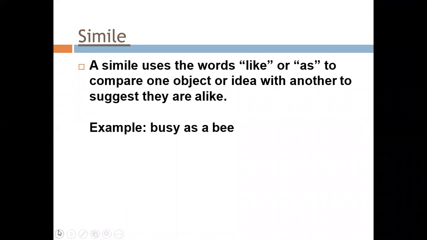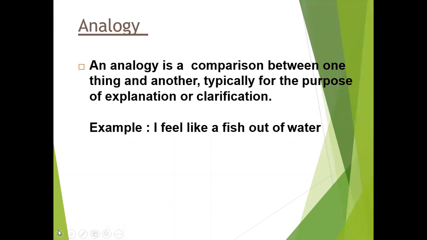I have already explained, all right, that he is busy as a bee. Okay. An analogy is a comparison between one thing and another, typically for the purpose of explanation or clarification. Like, I feel like a fish out of water. So this is called an analogy, and we also have discussed what a metaphor is.